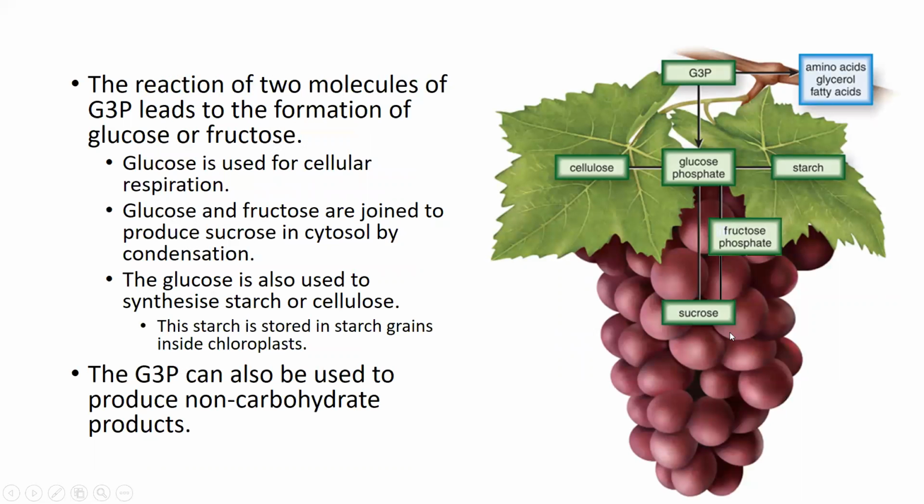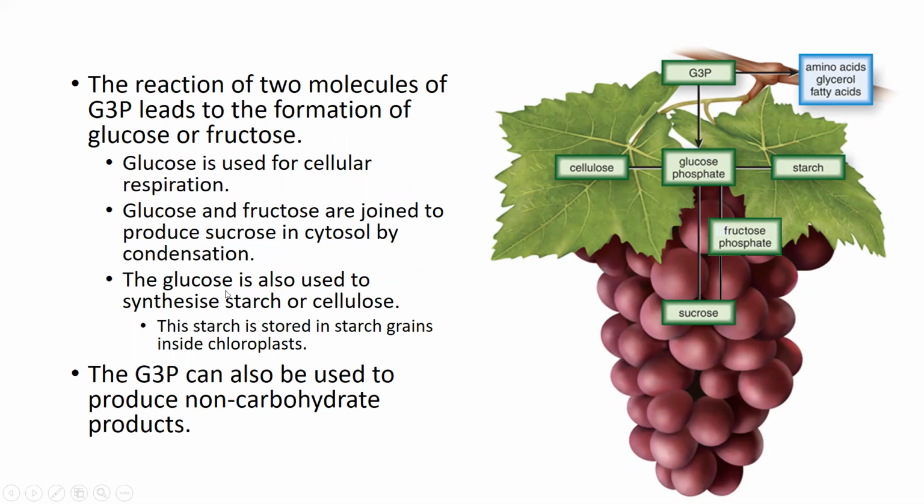So the reactions of 2 molecules of G3P lead to the formation of glucose and fructose. Okay, they can form glucose or form fructose. Sure, the glucose is used for cellular respiration. Then the glucose and the fructose are joined to produce sucrose in the cytosol by condensation. Then the sucrose formed will be translocated to other parts of the plant.